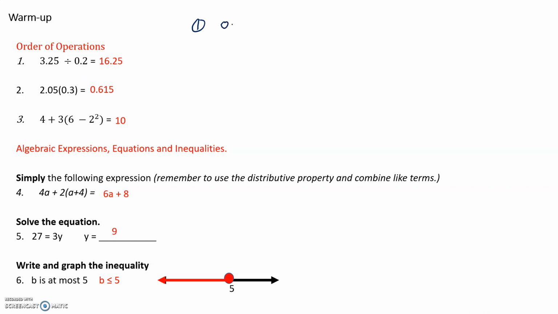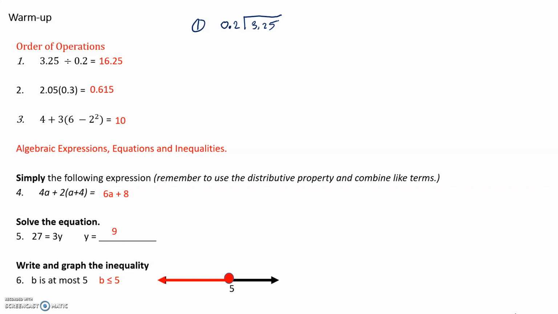The divisor goes outside because I'm breaking up 3 and 25 hundredths into 2/10. And then 3 and 25 hundredths goes inside.